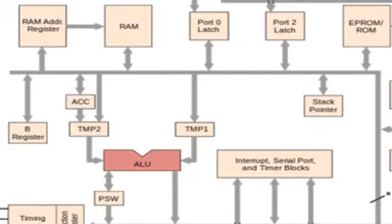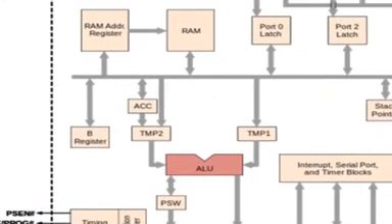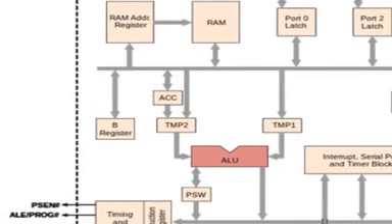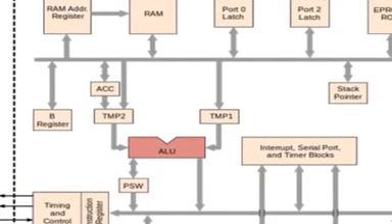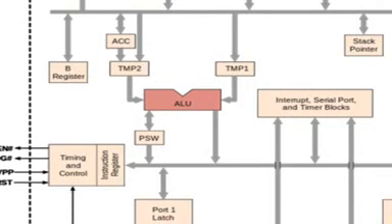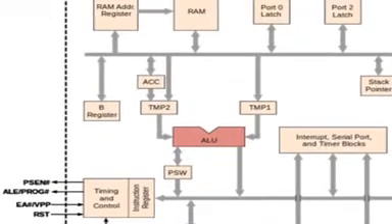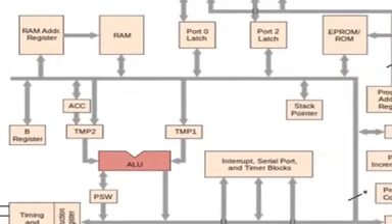Generally this is the complete CPU processing part, where temporary register 1 and 2 are integrated with the ALU itself. Then I have the accumulator. ACC is nothing but your accumulator register. Then the B register. Then under the ALU you have PSW, that is program status word, which can also be called the flag register. The accumulator is 8-bit, the B register is 8-bit, and PSW is also 8-bit.